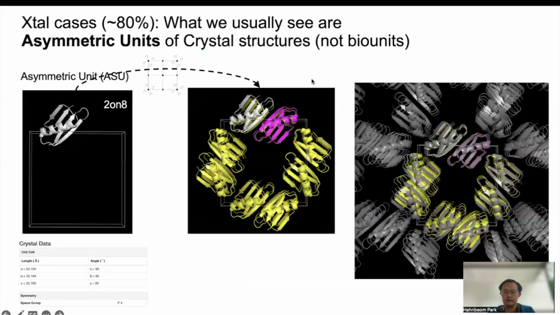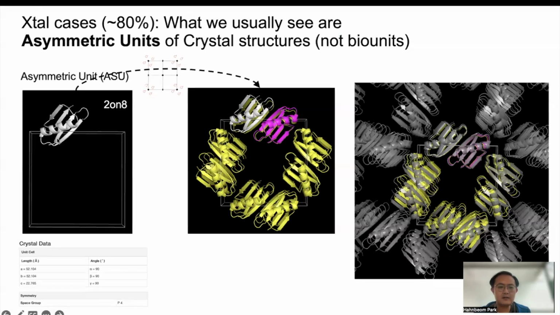The reason why there are different definitions of biological units and repositories is because what is deposited in PDB is not actually the biological unit. It's the asymmetric unit. As I showed in the previous slide, the majority of protein structures are determined by crystallography. And crystallography is defined by asymmetric units because it has symmetry definitions, as we learned in the structural determination lecture.